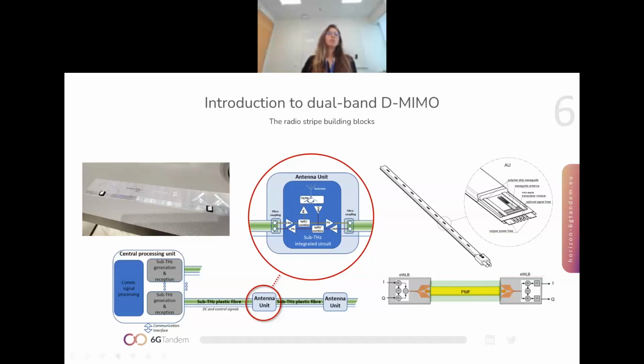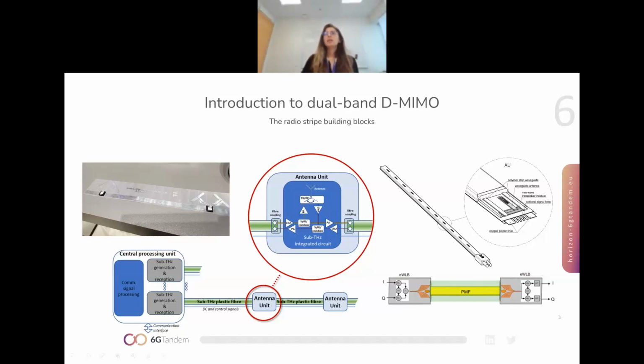This is a very simplified illustration of these antenna units. You have these transceiver chains, receive and transmit, and the antenna unit. This is in simplest form. So there is no beamforming I'm talking about here, but it's definitely a possibility.